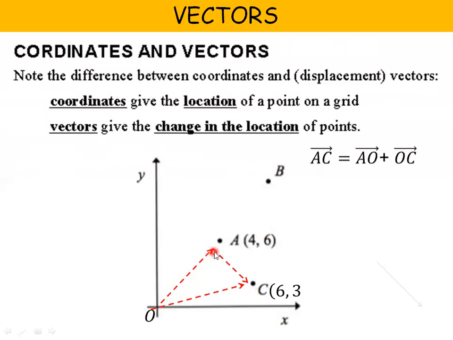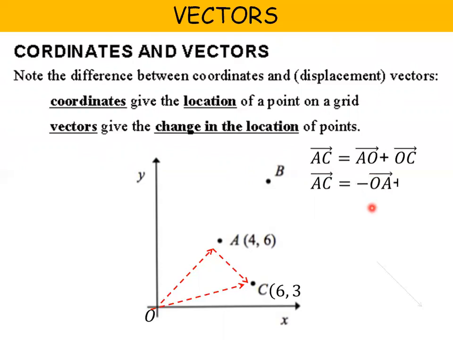OA is given, OC is given. What I mean is that the vector OA can easily be gotten directly from the coordinate point of A, and the vector OC can be directly gotten from the coordinate point C. But I don't have the vector AO. Of course, in our earlier lessons, you recall that vector AO is the reverse of vector OA.